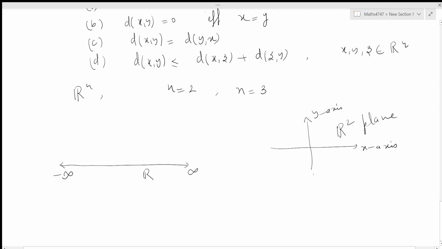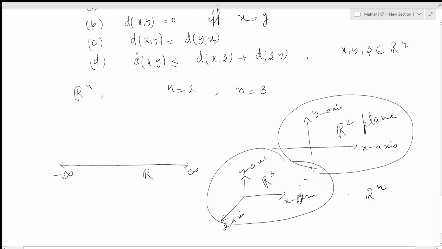If we have three dimensions, there are three axes, x-axis, y-axis, and a third axis, so this is your R^3. And so on, we can get R^n. In daily life, you have seen only this R^2 plane and R^3, the space in which three dimensions are there, x, y, z.